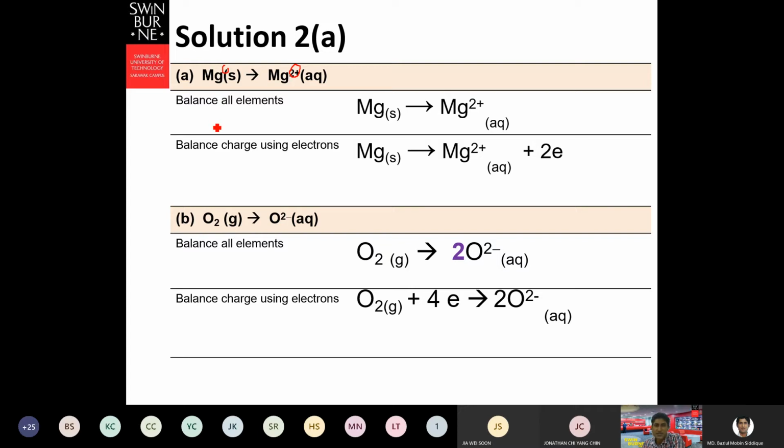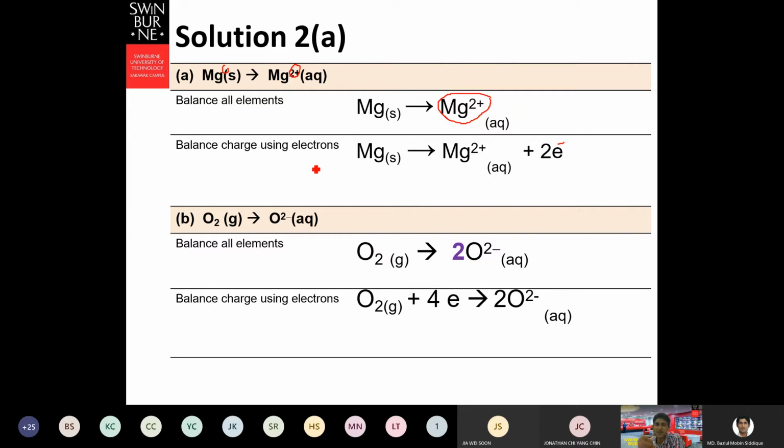To become +2 charge, it has to lose electrons, right? Electron is negatively charged, so it lost electrons, and that is how it became +2 charge. So magnesium loses two electrons. Magnesium becomes oxidized. Oxidation is losing the electron.